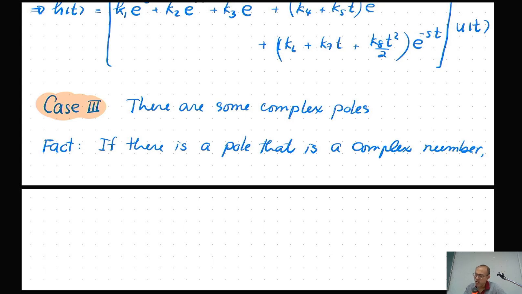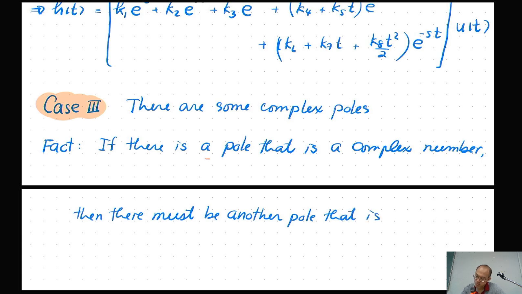If there is a pole that is a complex number, then there must be another pole that is the complex conjugate of that pole. Let's say that this pole is pi.